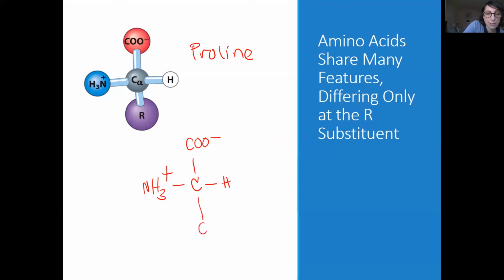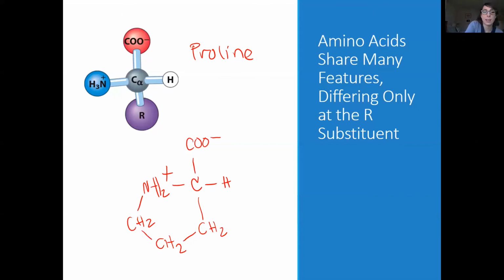It actually has a CH2, CH2, and makes this a NH2, as such.